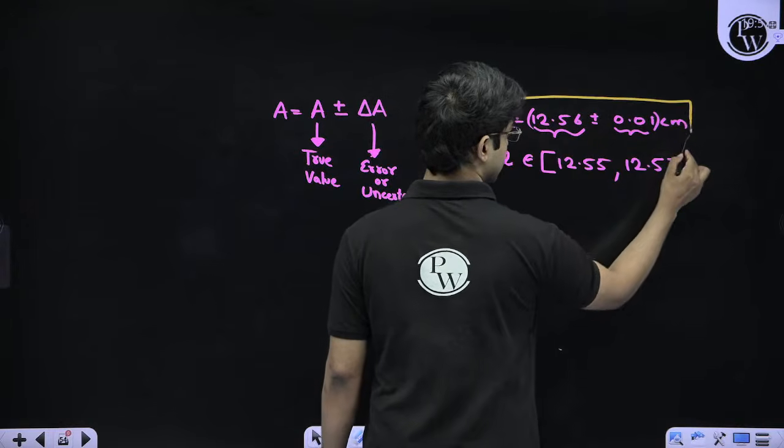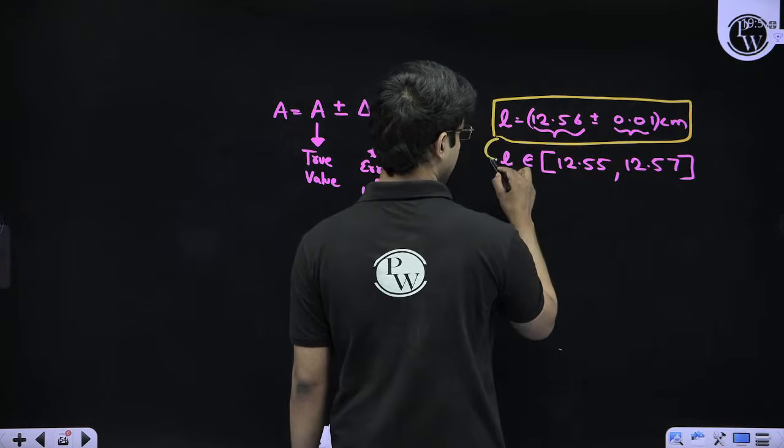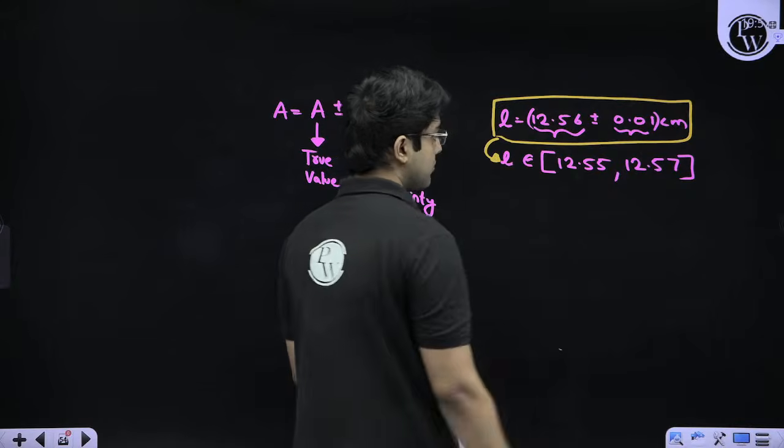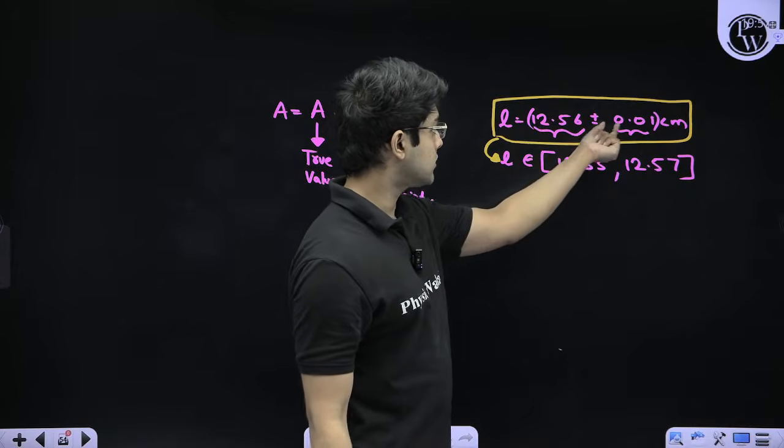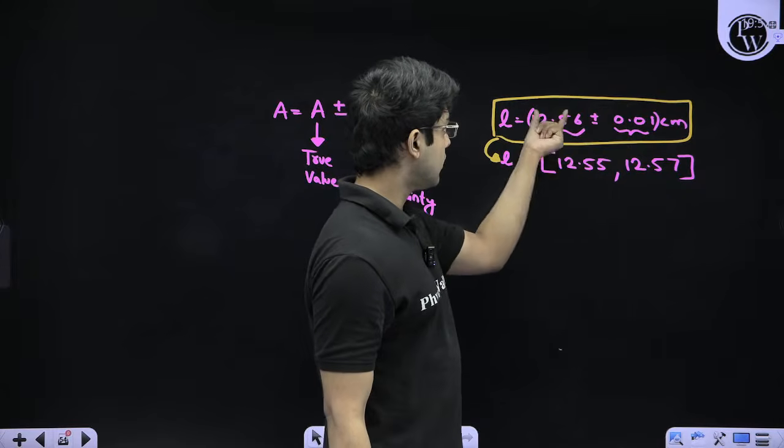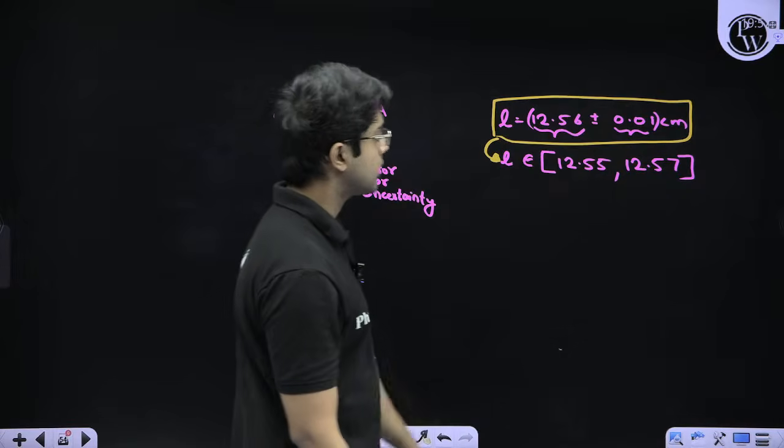Okay, that is what this means. Expressing the length like this means length will be between this thing minus 0.01 and this thing plus 0.01.